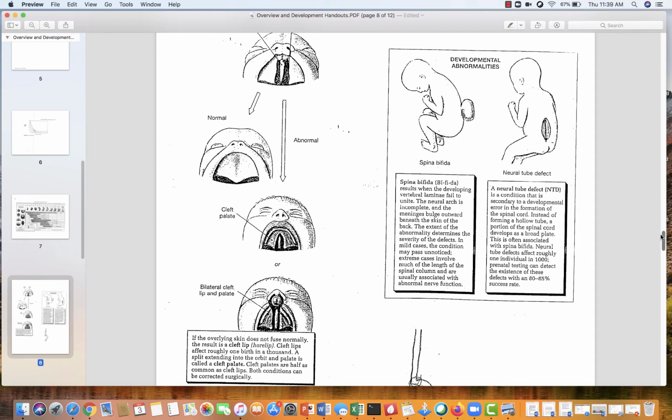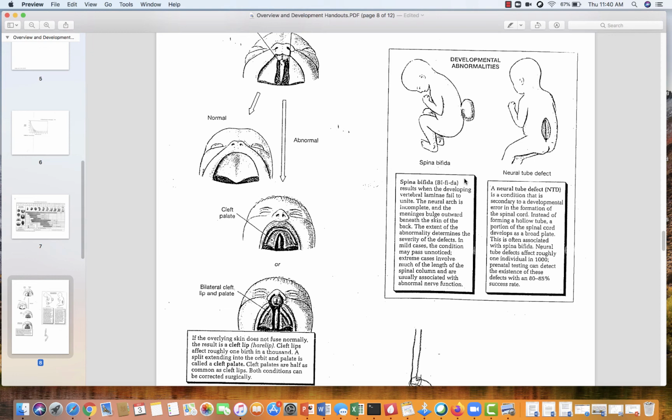Okay. Then looking at the development of spina bifida or neural tube defect. With spina bifida, it results where part of the vertebra does not completely fuse. We'll learn about the vertebral lamina later on when we go over the skeletal system.